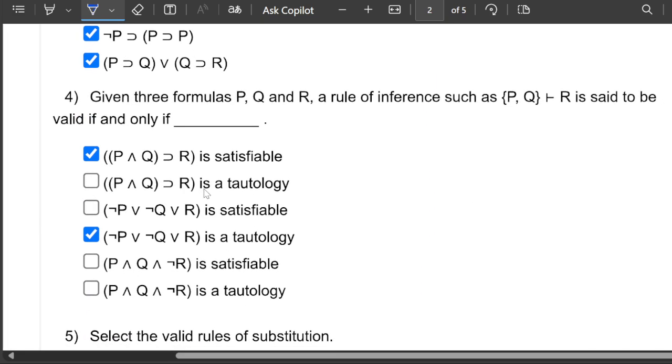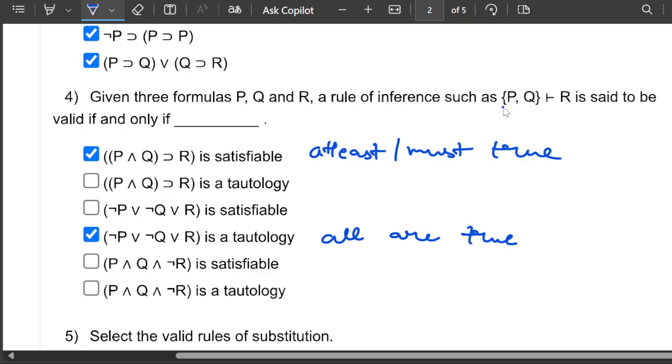Here it is asking which is satisfiable. So in satisfiable, at least one argument must be true, and in tautology, all are true.